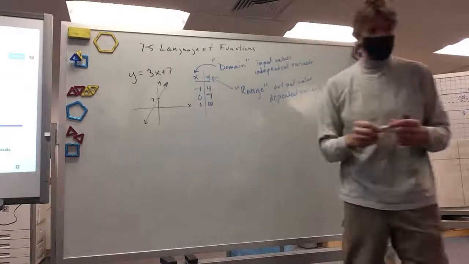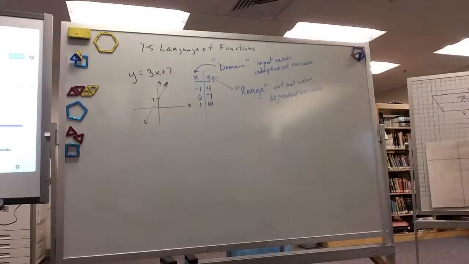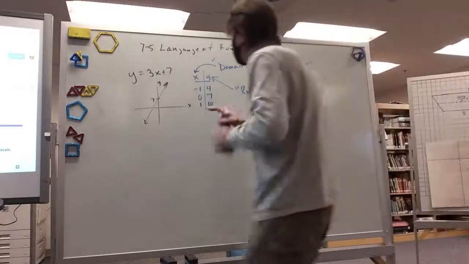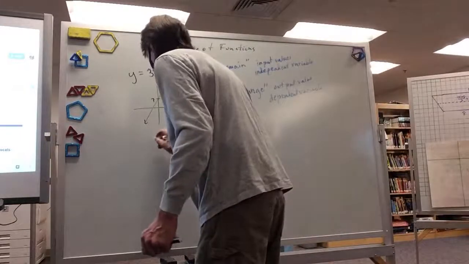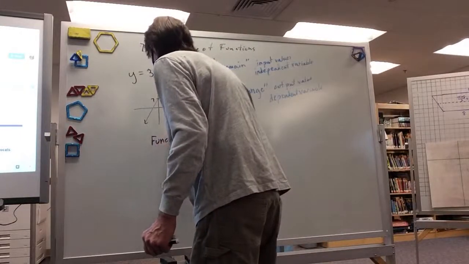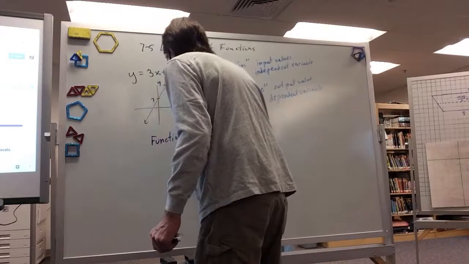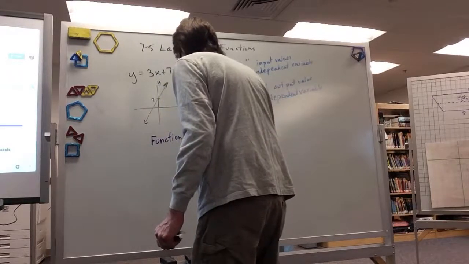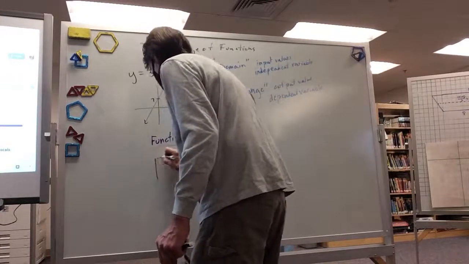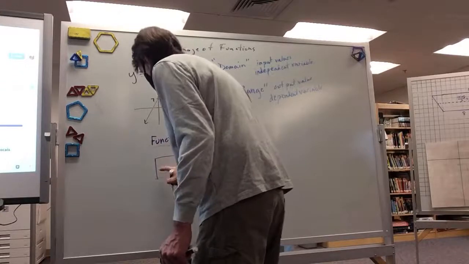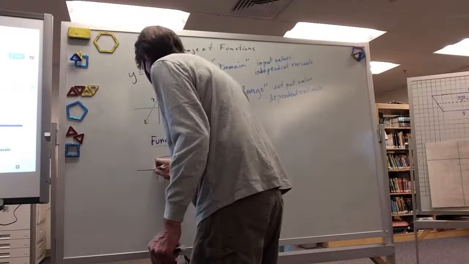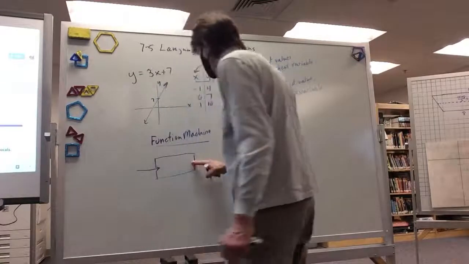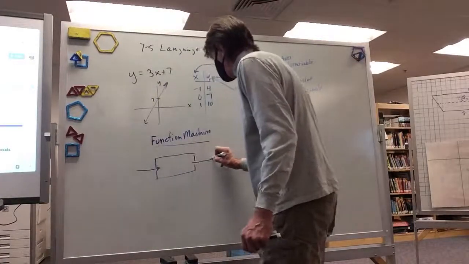So another way to look at this is something that you may or may not have seen like in elementary school. It's something called a function machine. So what we're going to do here is we're going to say we have a machine and we can take numbers and we can put them in, and then from that machine out comes an answer.